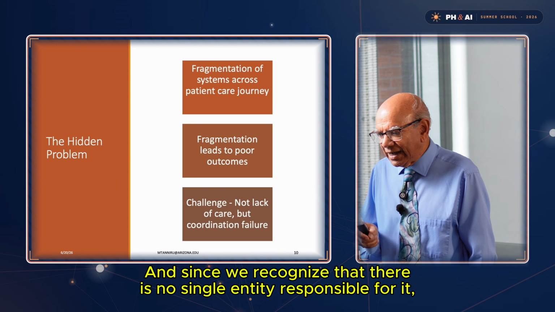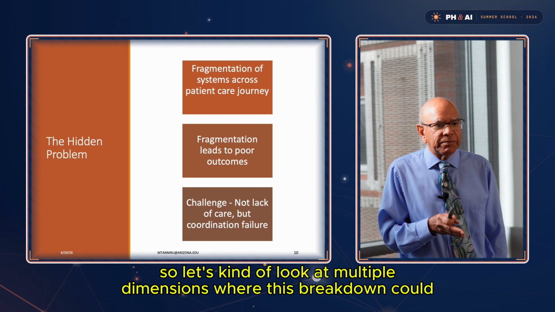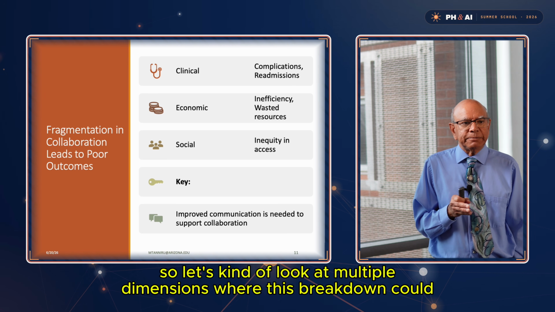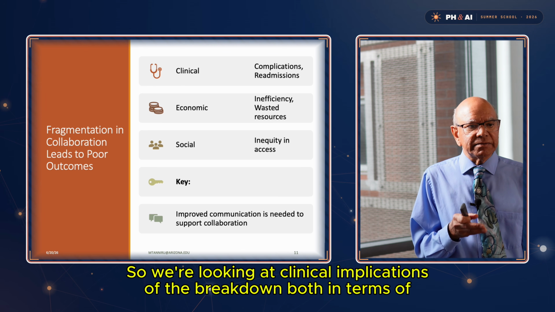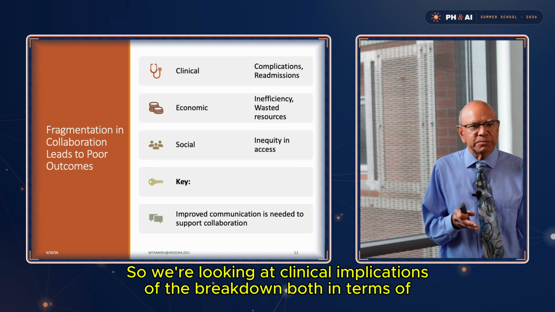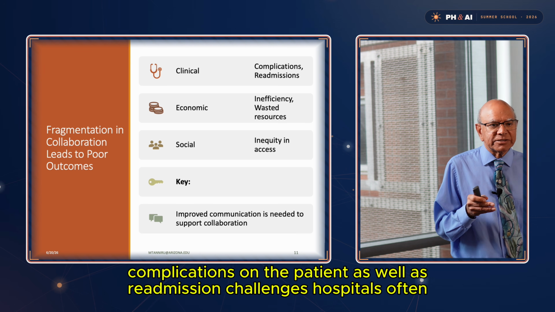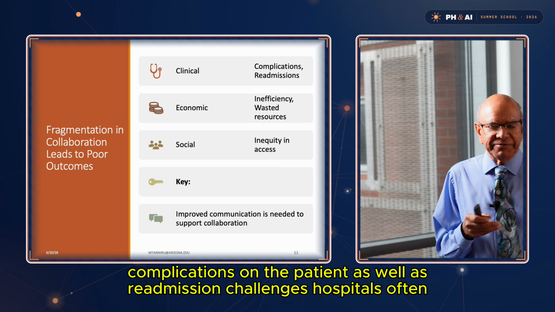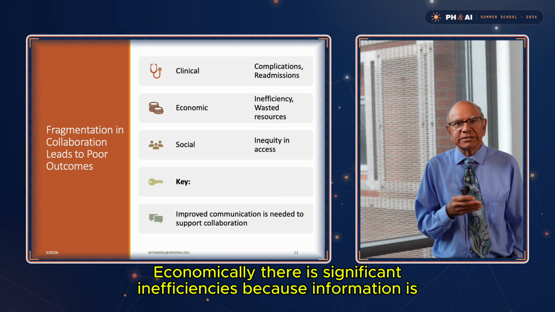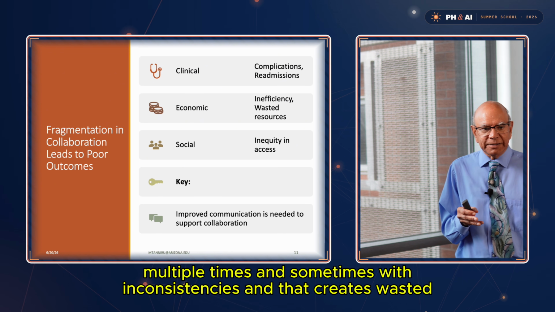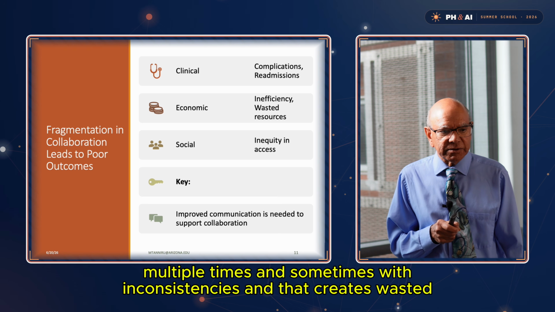And since we recognize that there is no single entity responsible for it, let's look at multiple dimensions where this breakdown could occur. So we're looking at clinical implications of that breakdown, both in terms of complications for the patient as well as readmission challenges hospitals often face. Economically, there are significant inefficiencies because information is shared multiple times and sometimes with inconsistencies, and that creates wasted resources.